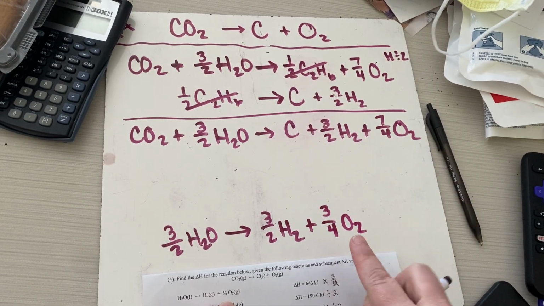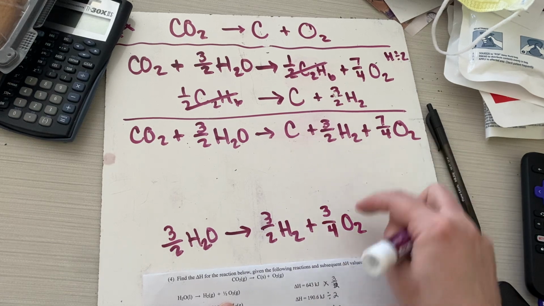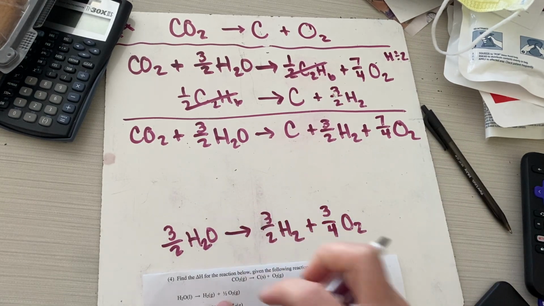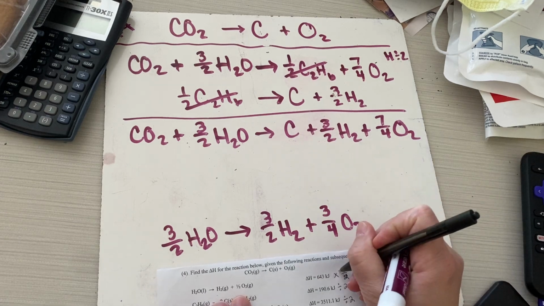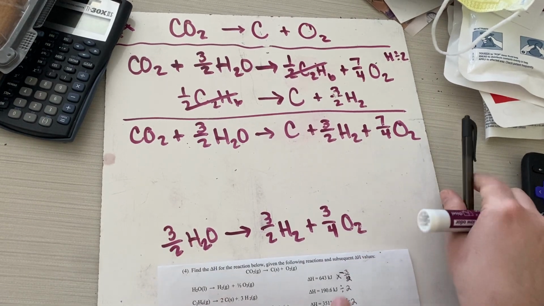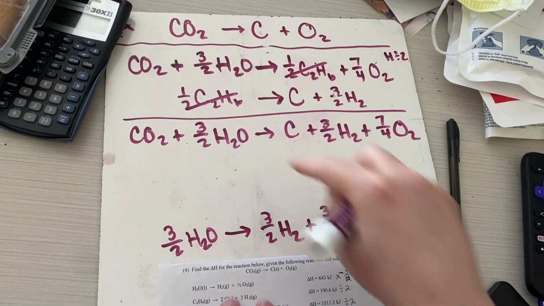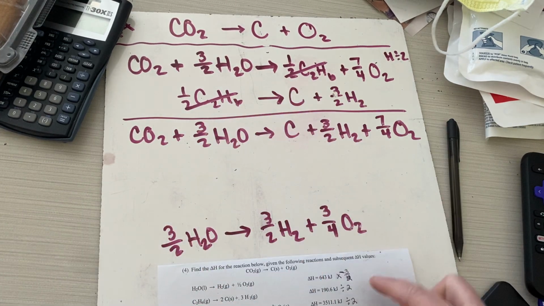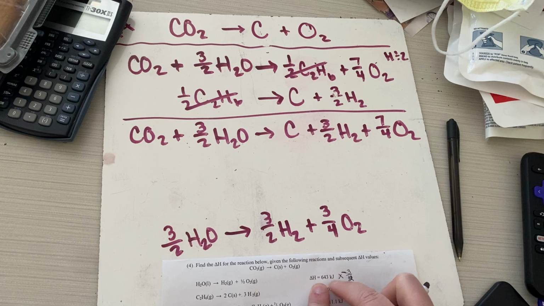Now, we don't want the oxygens on the same side. So that means we're going to have to reverse this, which is then going to make this negative, right? So I'm going to rewrite this up here such that I'm flipping the equation, which is then making this a negative value.